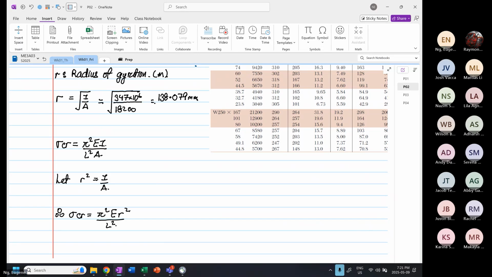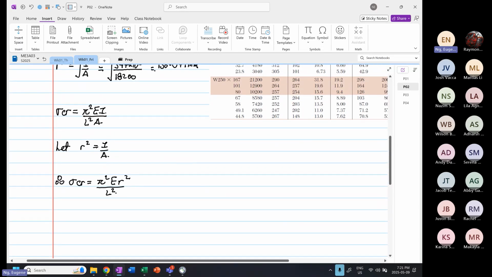I'm going to put pi squared multiplied by E, and then over L over R, squared.